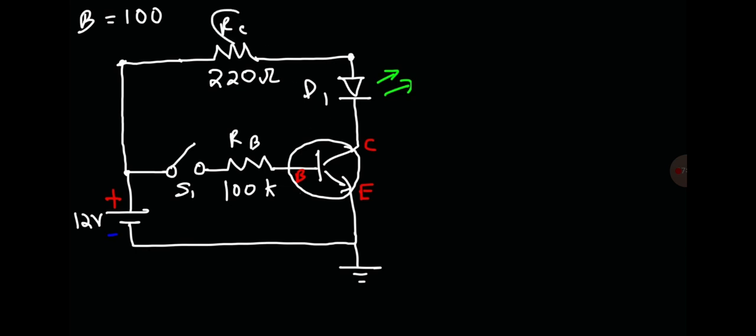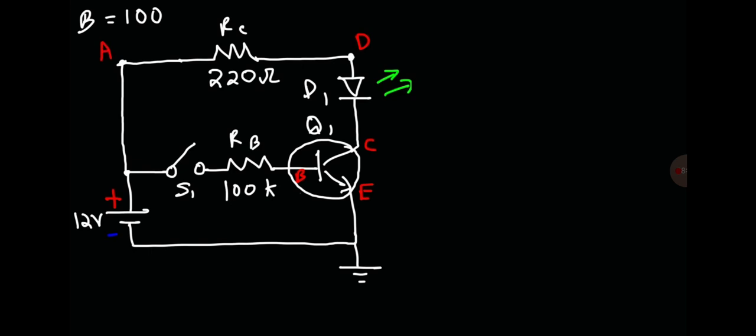R is for resistors, D is for diodes, in this case light emitting diode, S is for switches, and Q is for a transistor. So in this problem, go ahead and calculate IB, IC, and IE, and calculate the potentials at point C, B, E, as well as point D, and we'll call this point A. So go ahead and solve this problem.